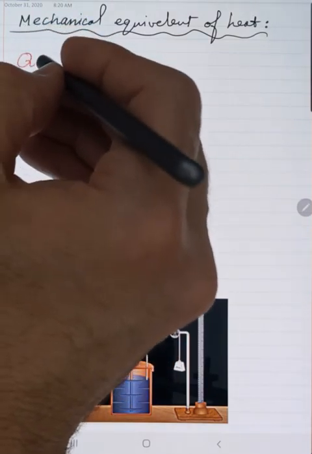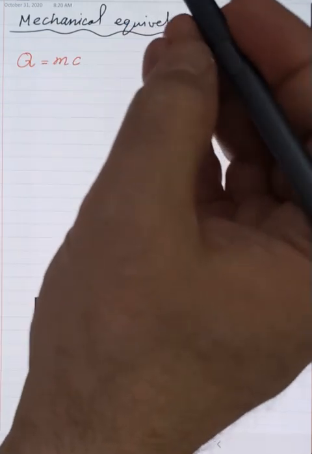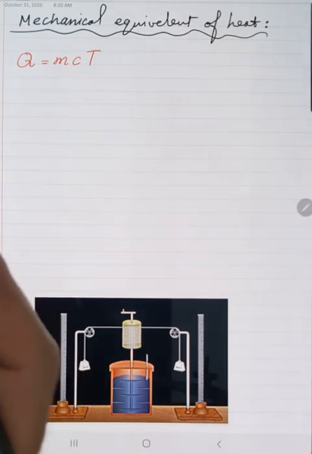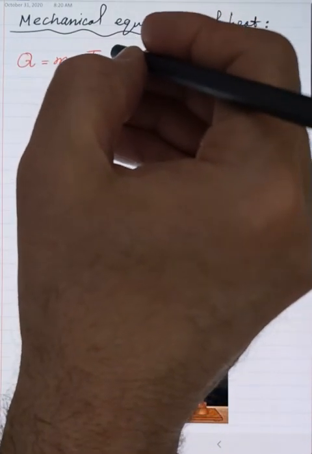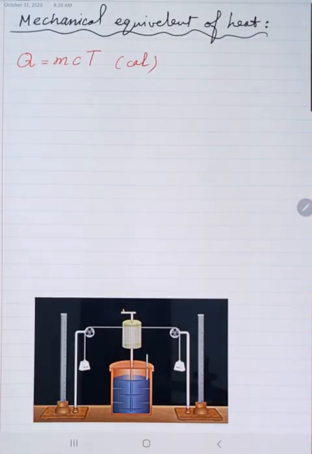Q is equal to mass multiplied by specific heat capacity multiplied by temperature change. And basically we are dealing with heat energy, and at that time we gave it the unit calorie.